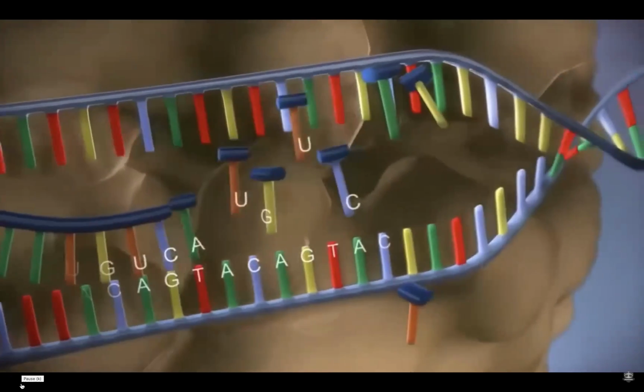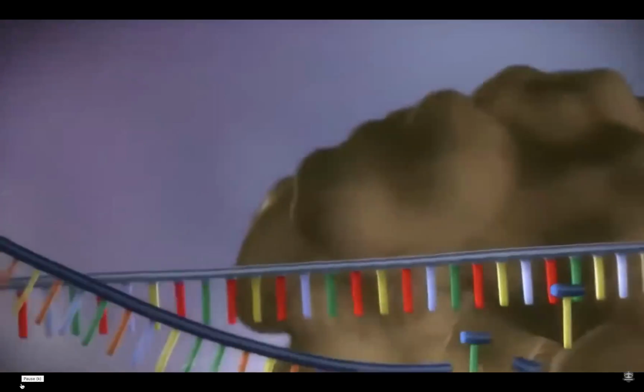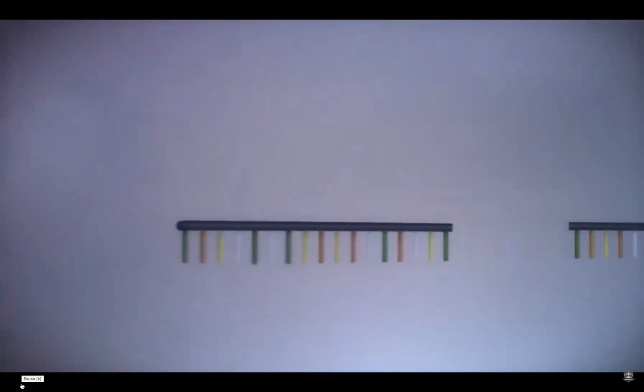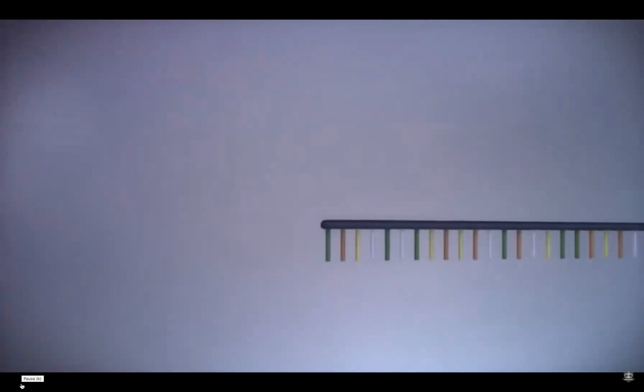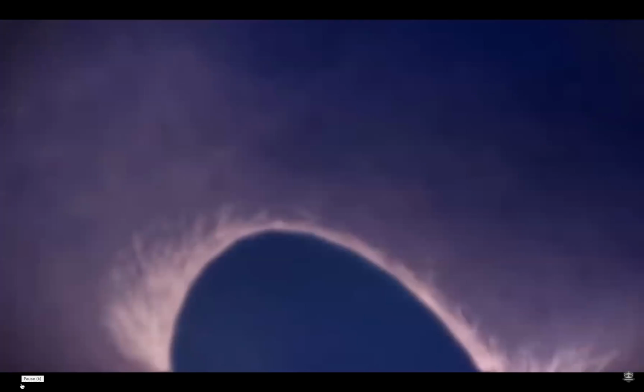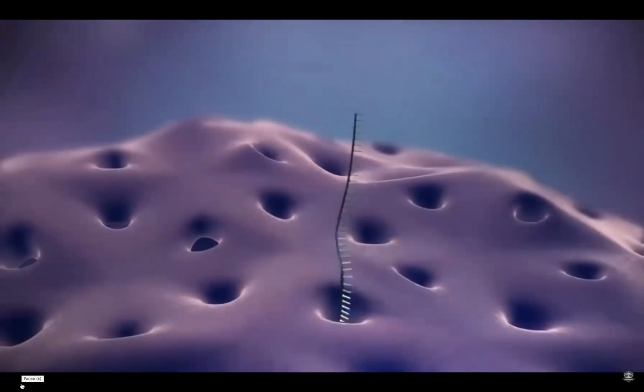This process is called transcription. Before the messenger RNA can be used as a template for the production of proteins, it needs to be processed. This involves removing and adding sections of RNA. The messenger RNA then moves out of the nucleus into the cytoplasm.